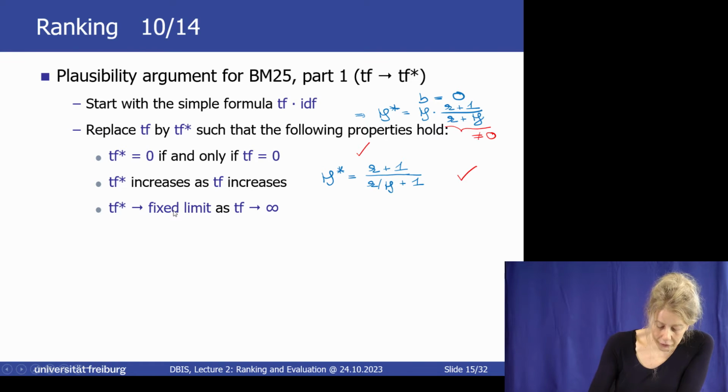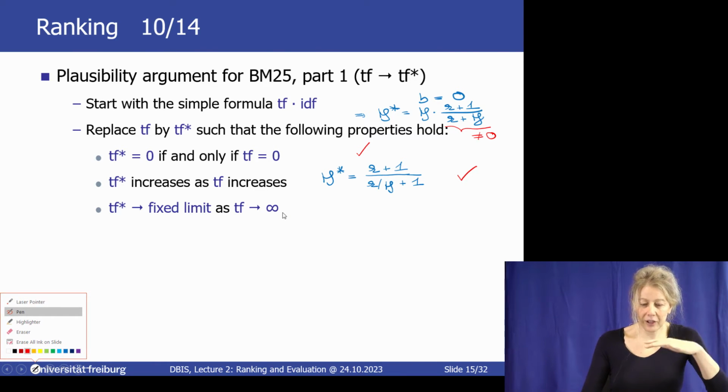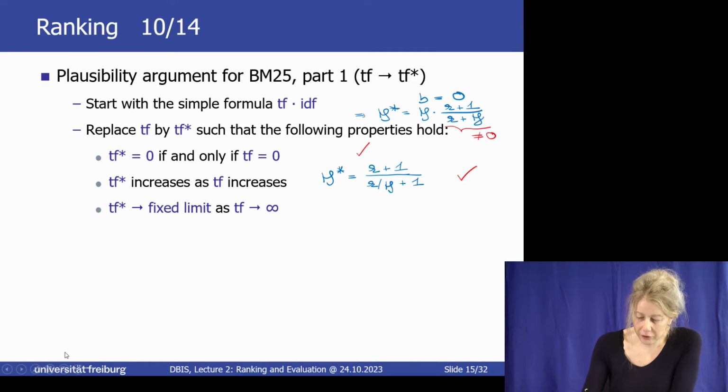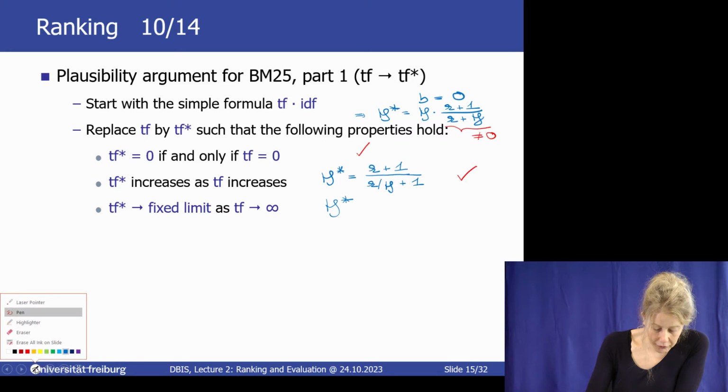And now let's also do the limit here. What happens if the term frequency becomes higher and higher? What happens with the tf star? Let's also do that. And for that, this formula will also be useful.